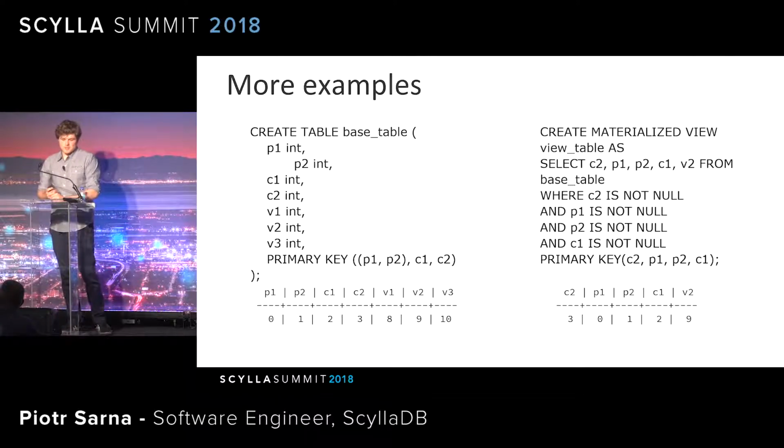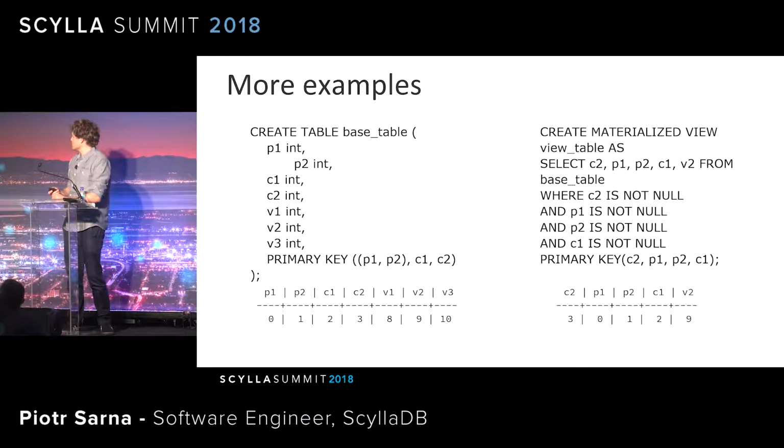And in the materialized view, what we were interested in was having part of the clustering key, C2, and one of the values, but nonetheless we needed to add all the clustering key columns from the base to the materialized view's key, because that's the restriction. We always need to include the whole base primary key in here.